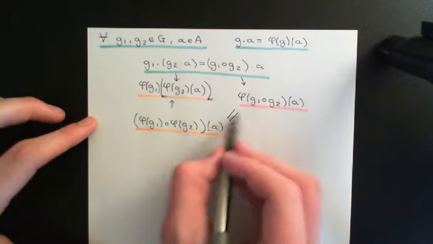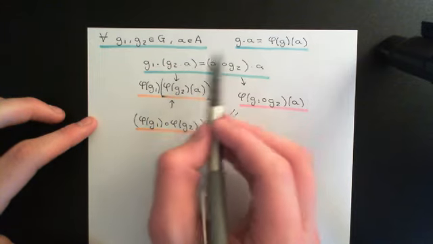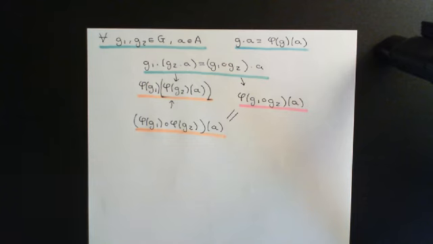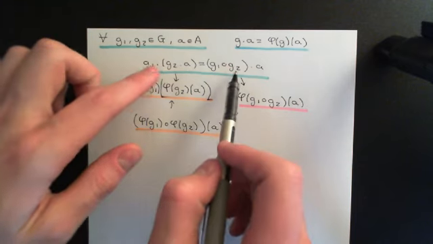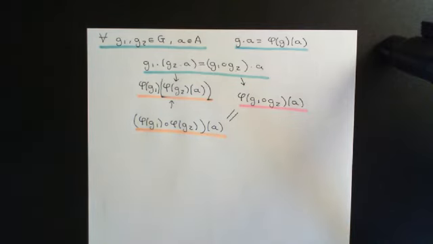Just applying the definition of how we've defined the group action in terms of the permutation representation, we can reduce this having to be true to this having to be true, and we know that's true from phi being a homomorphism. So that's axiom number 1 of group actions satisfied.